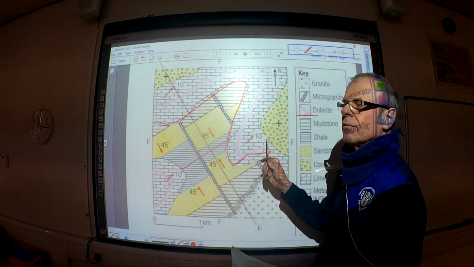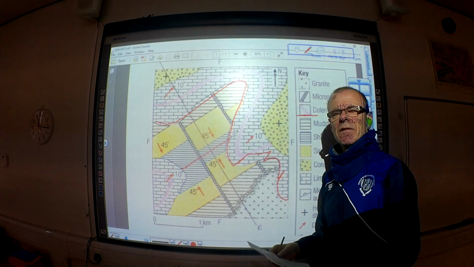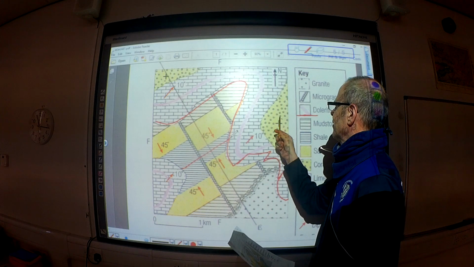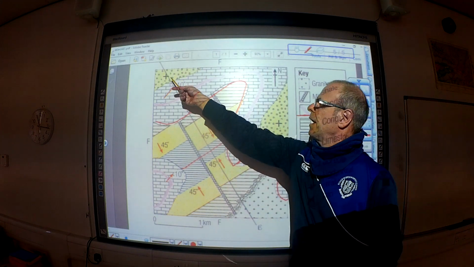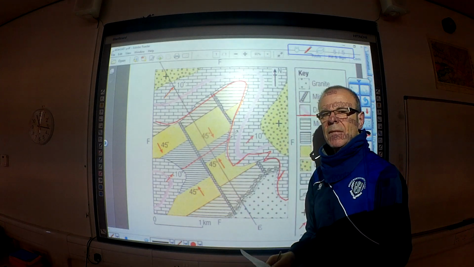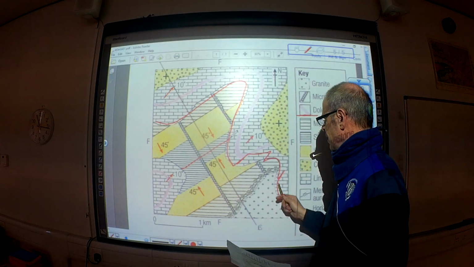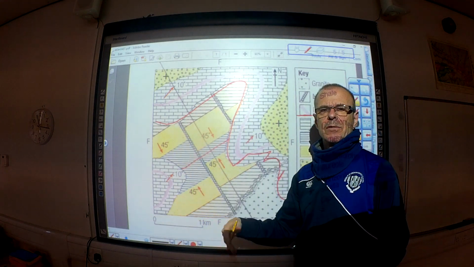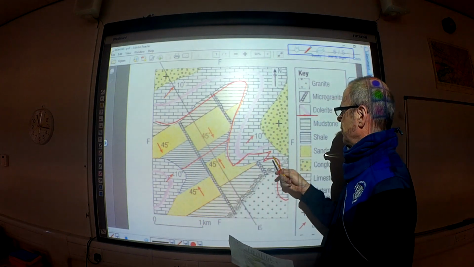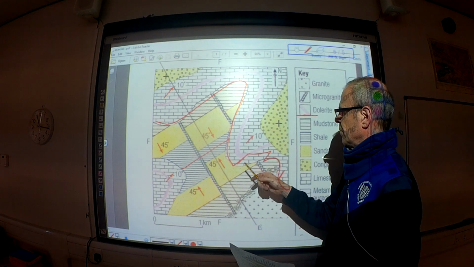Now, what else have we got structurally on this map? We've got the limestone dipping very gently at 10 degrees towards the northeast. We have flat-lying conglomerate at the top there, a flat-lying conglomerate there. And that therefore means that the red line that I've drawn here is an unconformity, because we've got a difference in dip between those limestones and the ones underneath.